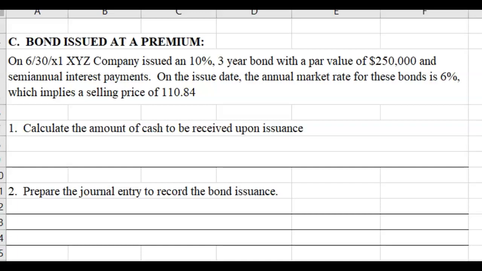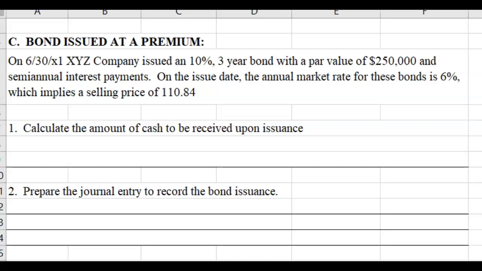As we discussed in the previous video, the stated or contract interest rate is the rate specified in the bond indenture. It is the rate of interest that will be paid to the bondholders over the term of the loan. And the market or effective interest rate is equivalent to that interest that is being paid on bonds of similar risk and maturity.